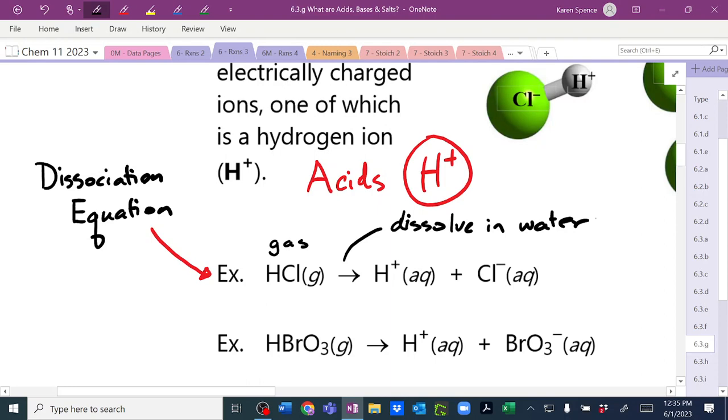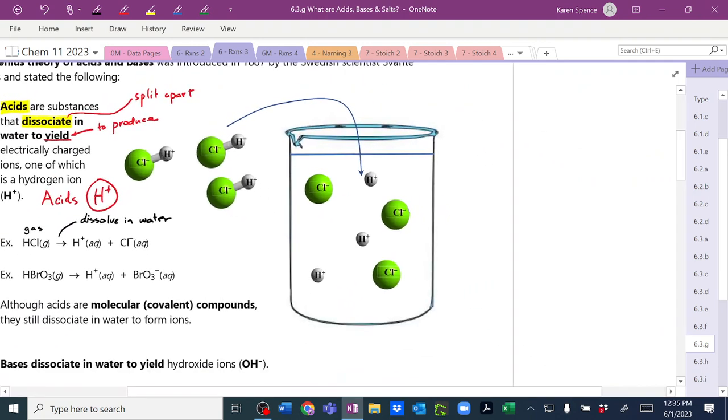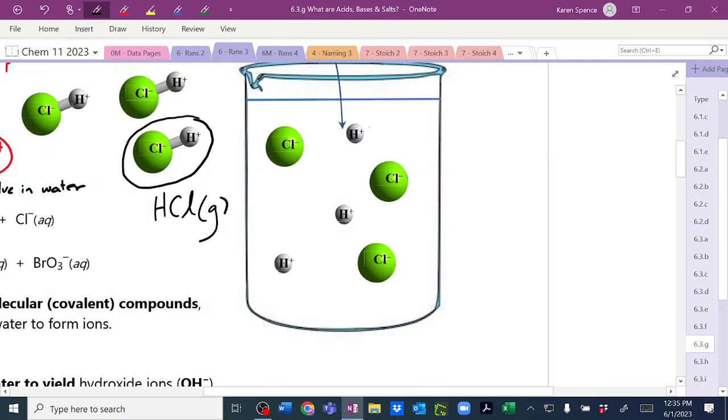and you dissolve it in water, then what we get is, and I'm just going to pop over to the picture for a moment, because you can see we have these HCl gas molecules, but when we dissolve it in the water, the H plus ions and the Cl minus ions all float around independently.